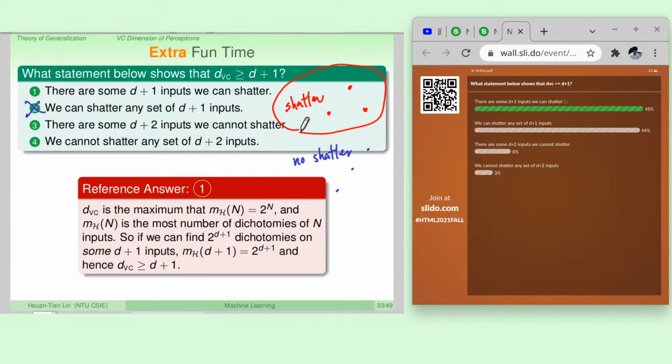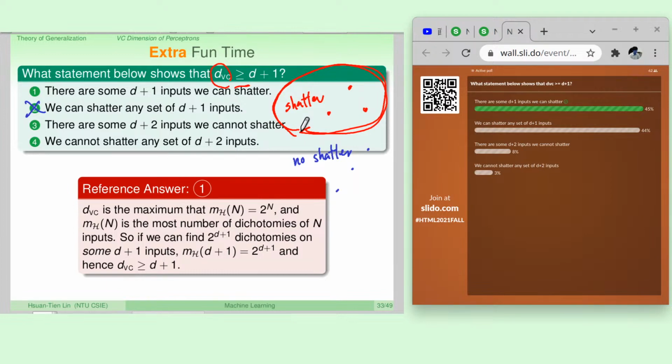So to show that the VC dimension is greater than or equal to something, we just need one example to make sure this can be achieved before moving on to the next one. Or in terms of the growth function, remember the growth function says the maximum number of dichotomies that can be produced on any set of input points.